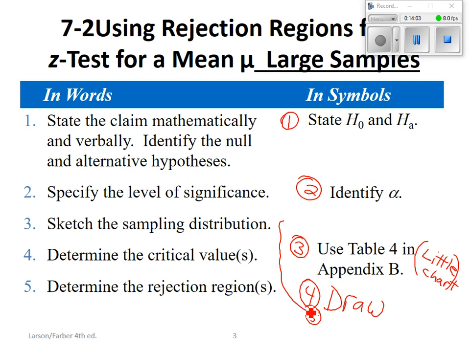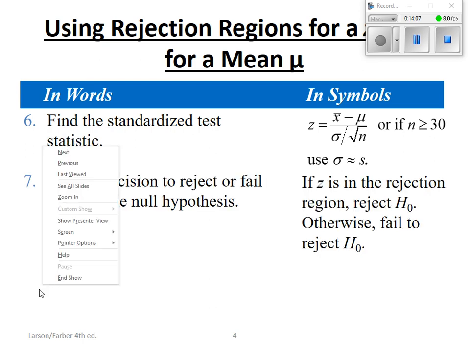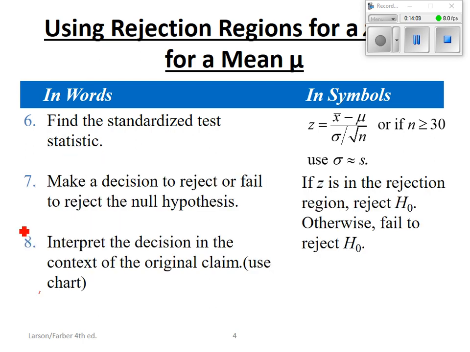Once you have your little thing drawn, you're going to find your Z. Decide whether to reject or fail to reject. And the last thing, interpret.